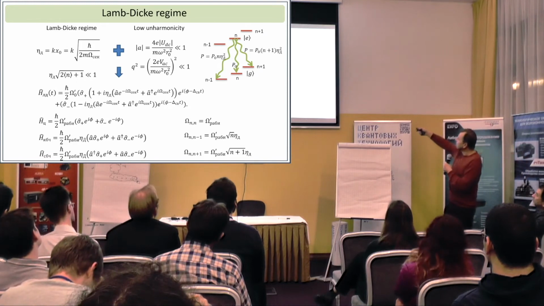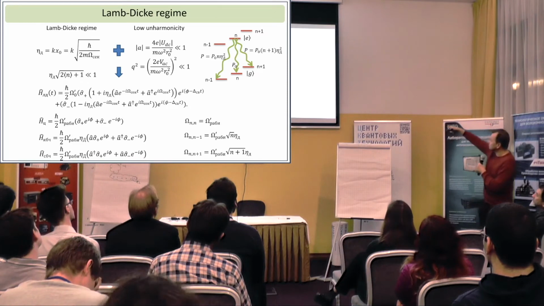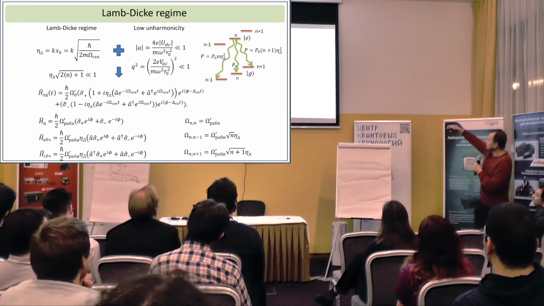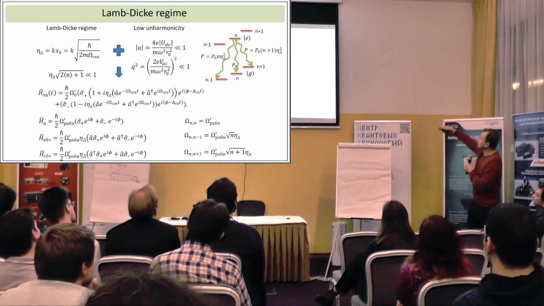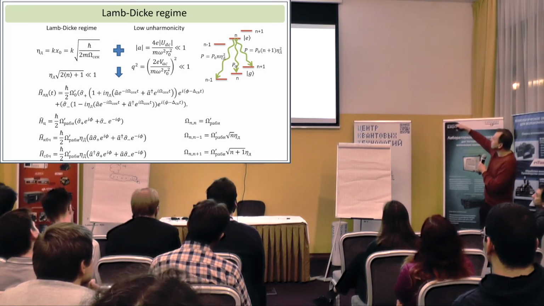And the highest probability in this approximation will be for transitions from the same vibrational number, which couples the same vibrational state, from n to n. So this probability is P0, it's denoted here. And all other branches have much smaller probability.